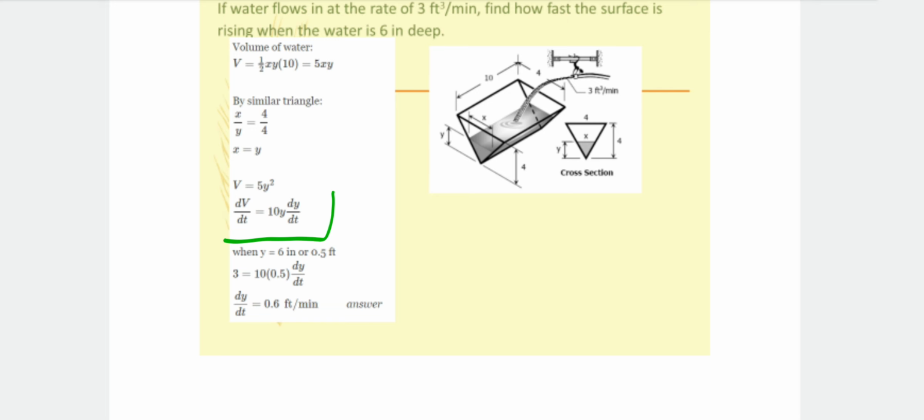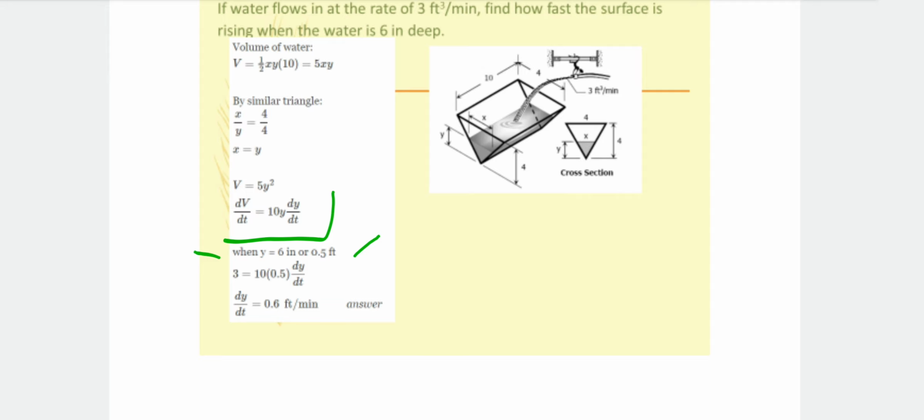So when the depth of water is 6 inches or 0.5 feet, we use feet. Always keep one consistent system: if it is in feet, everything should be in feet; if in inches, everything in inches. So convert 6 inches into 0.5 feet.